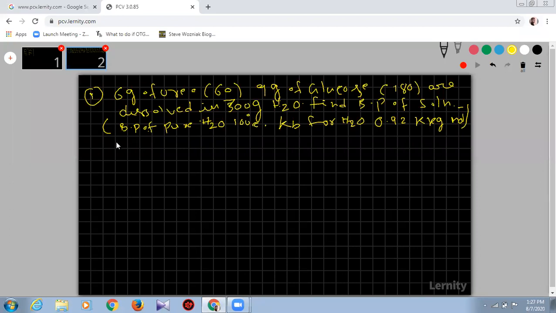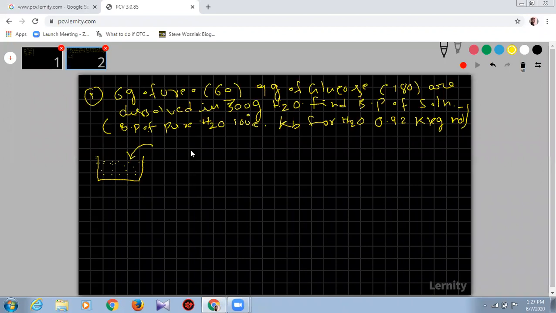This is the pure solvent, which has a certain vapor pressure. Once you add some non-volatile solute to this, the vapor pressure decreases and the boiling point increases. That's why we call it elevation in boiling point.